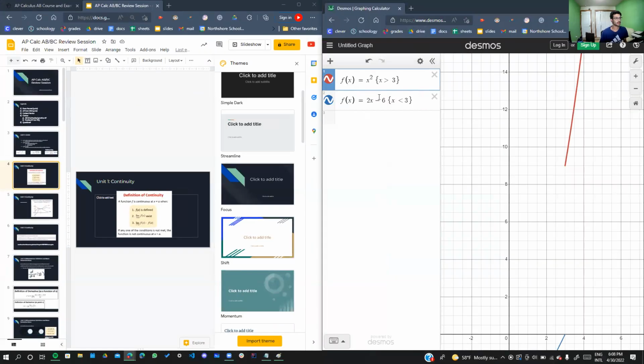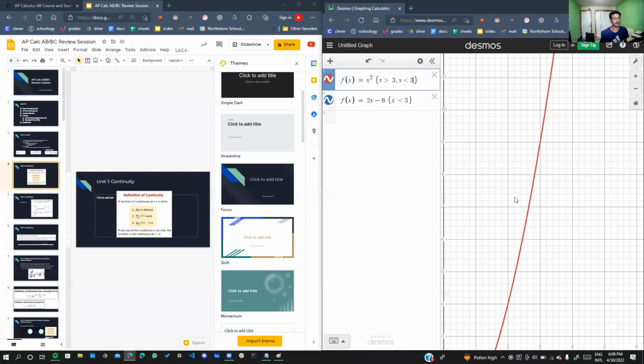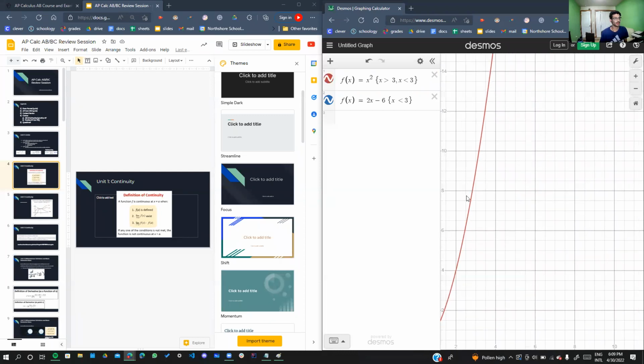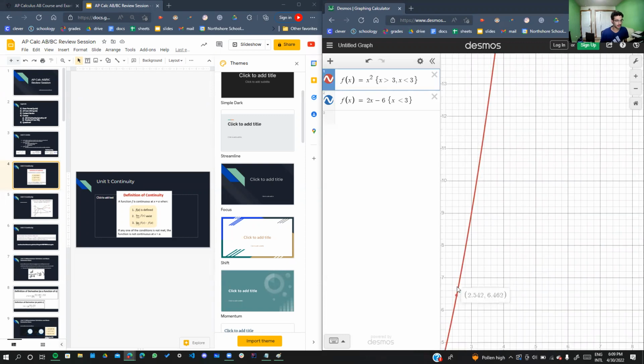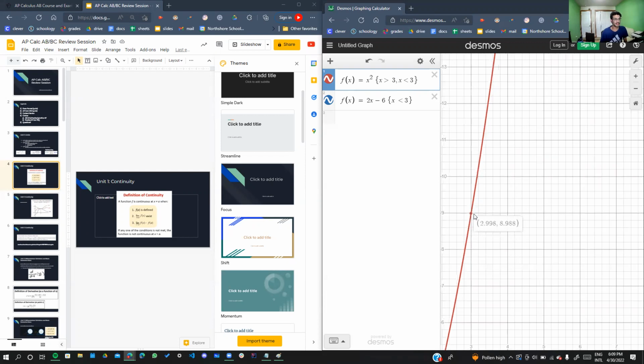Here I created a weird scenario at x equals 3. If I go to 3, it's undefined. So technically that spot is undefined, but the limit still exists because the left-hand side and right-hand side approach the same value. So it doesn't have to be continuous in order for the limit to exist.